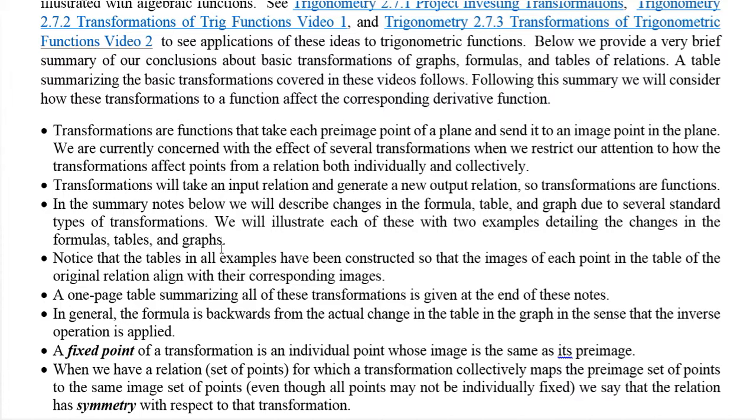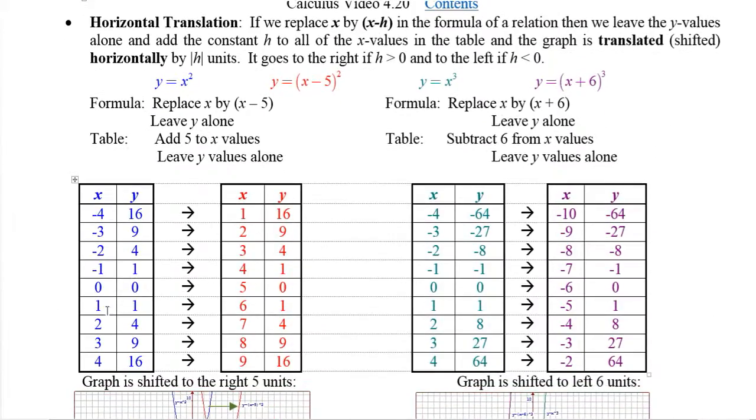We're going to describe how changes in the formula, table, and graph work and how they're related to each other for several standard types of transformations for which it's easy to see how the formula and table are modified and graphed. We will illustrate these with a couple of examples, mostly with power functions, and see how these change the formula, table, and graph. In the following videos, I want you to notice that the tables are set up so that when things are lined up, for example here, the blue point is the pre-image point and the red point is the corresponding image point.